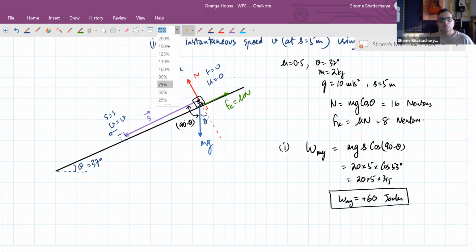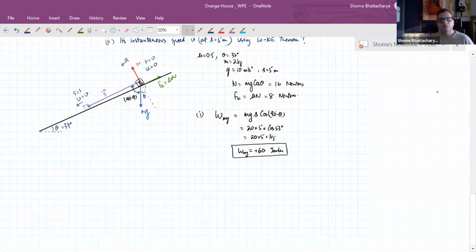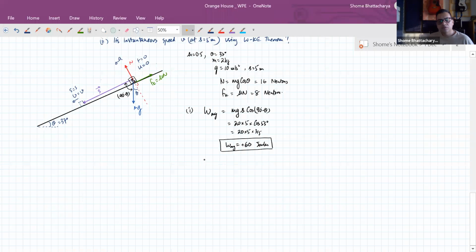Now similarly, if we calculate the work done by the other forces, the work done by normal reaction will become N into s into cos 90 degrees, because as you can see, normal reaction is perpendicular to the displacement. So that is 0.